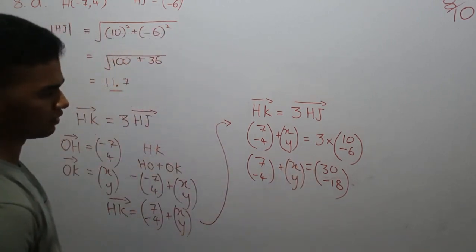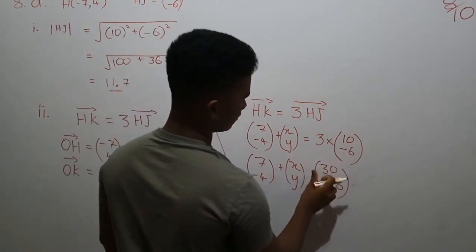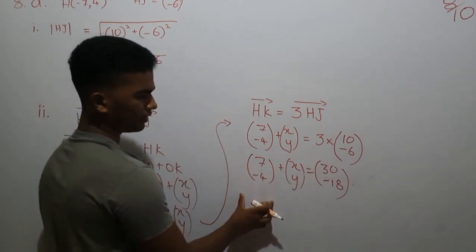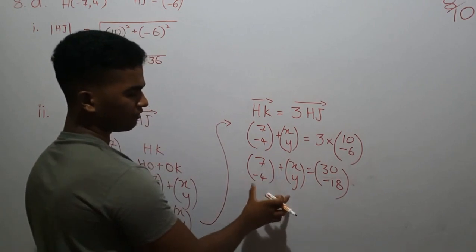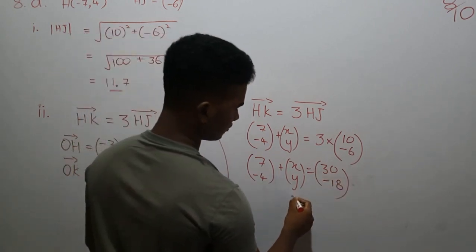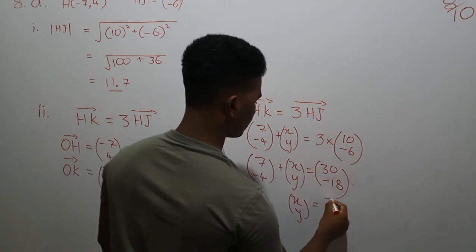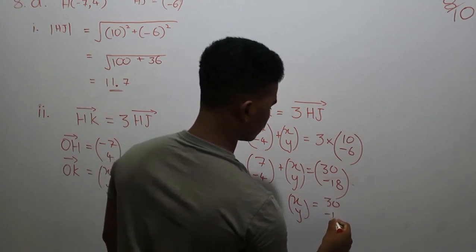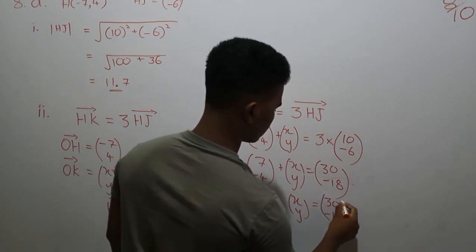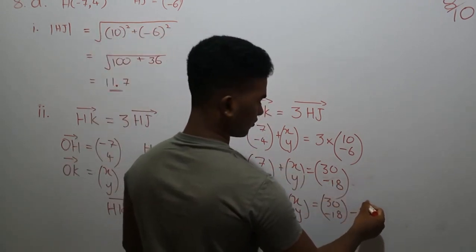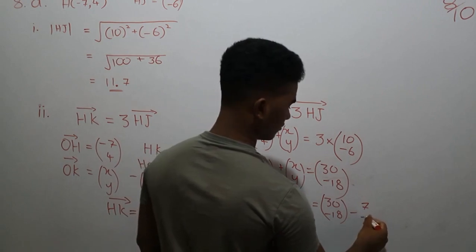Now vectors are addition and subtraction. So you can take 7 and -4 to this side, and the whole thing will become minus x y equals 30 minus 18. Take this whole thing to this side, it will become minus 7 and -4.